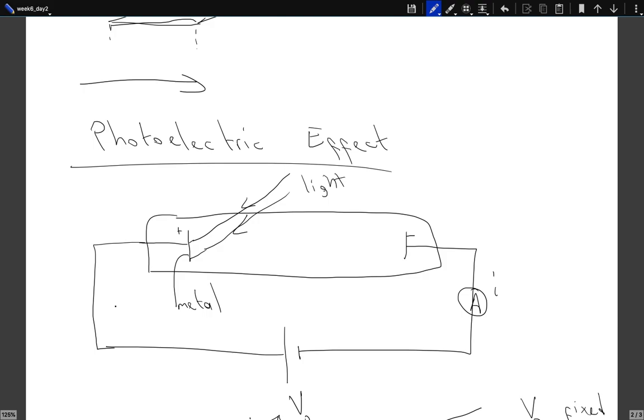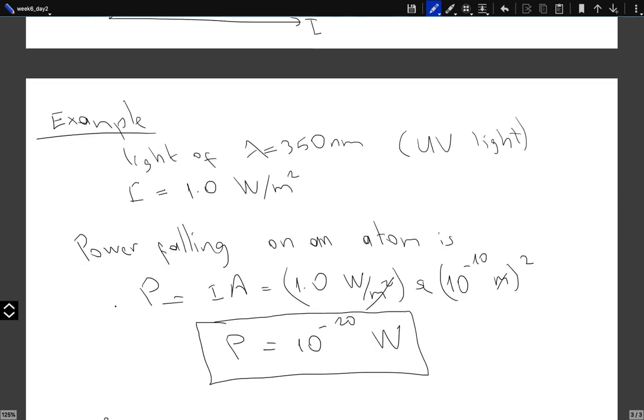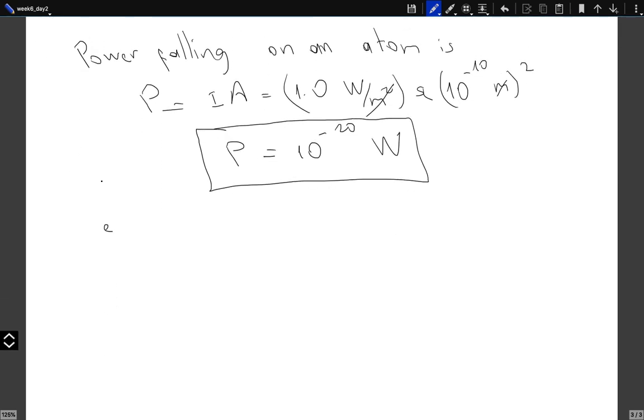And that energy is known to be a few electron volts in this experiment. So the energy of a typical electron, well, again, that is not an exact number.